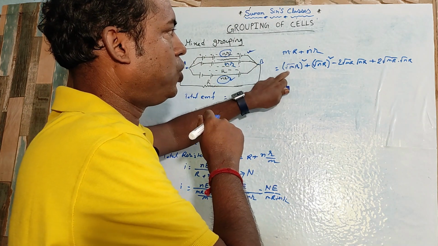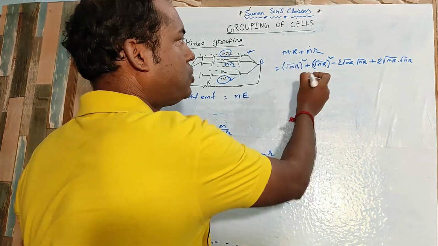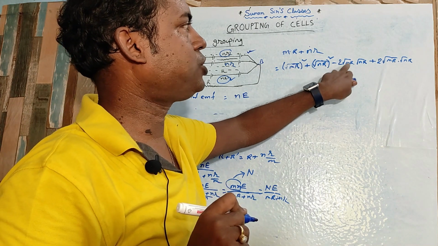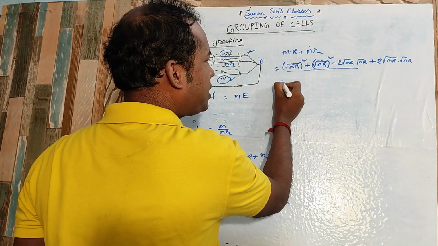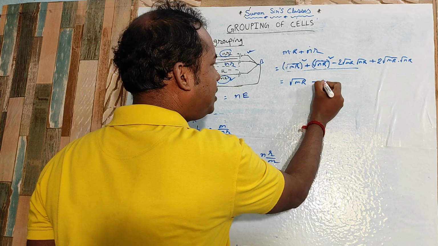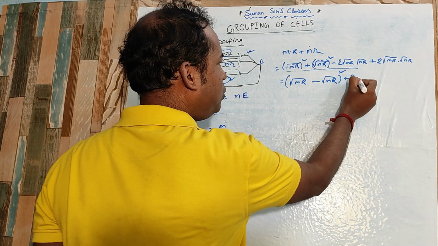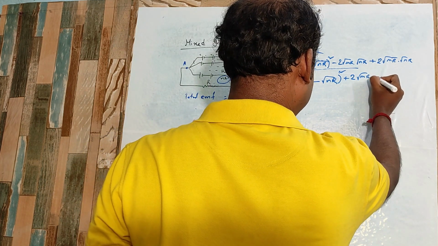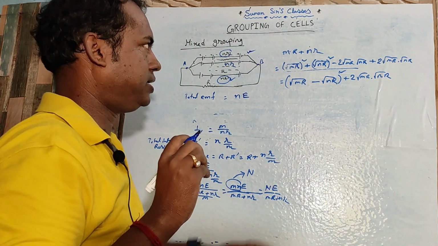So for the first three terms, it may be written in the form root over of MR minus root over of NR whole square, plus 2 root over of MR into NR. Okay. So this is the part we write.